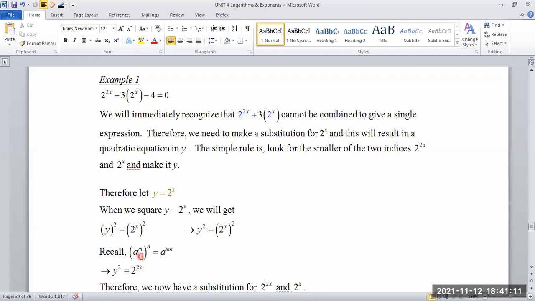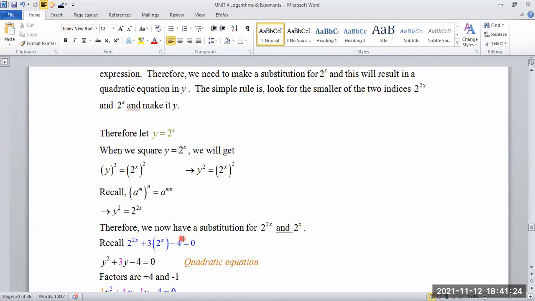Sir, how did you get that? Remember the law? The law says a to the m, raised to the nth power, is equal to a to the mn. So therefore, we now have a substitution for both 2 to the x and 2 to the 2x.